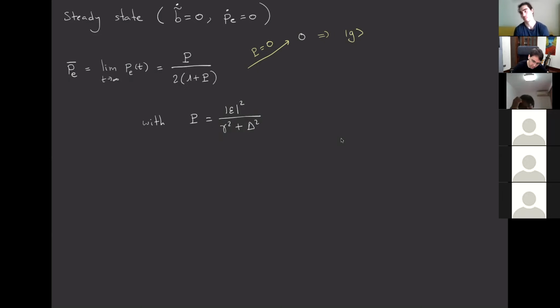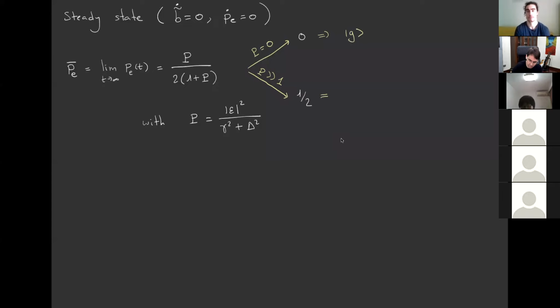However, this is something that we know, but the new thing is what happens when P is much larger than 1. So when we are driving very, very hard, out of naive intuition one would think, oh, if you drive very hard, then you will get it in the excited state most of the time, but that's not true. You see that in the limit of P going to infinity, this goes to 1/2, okay?